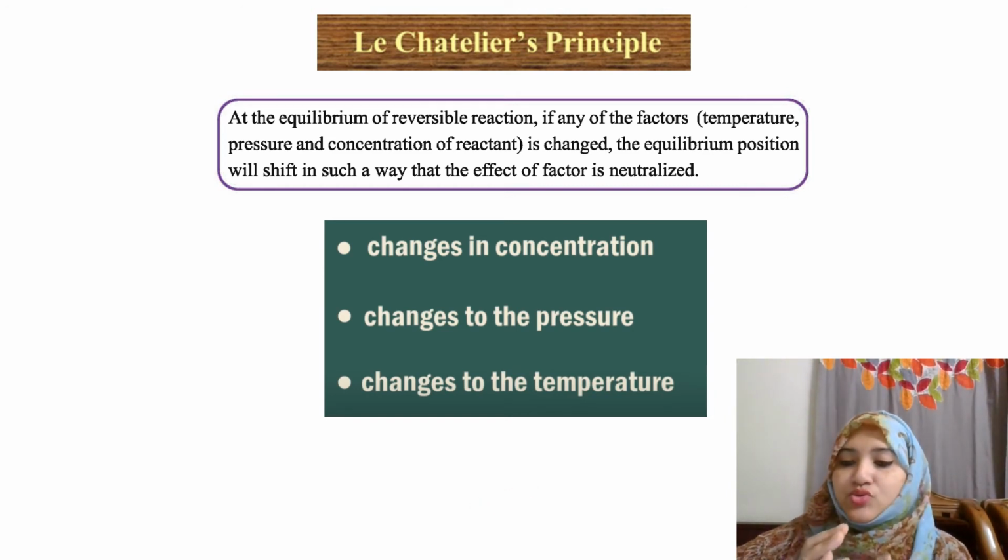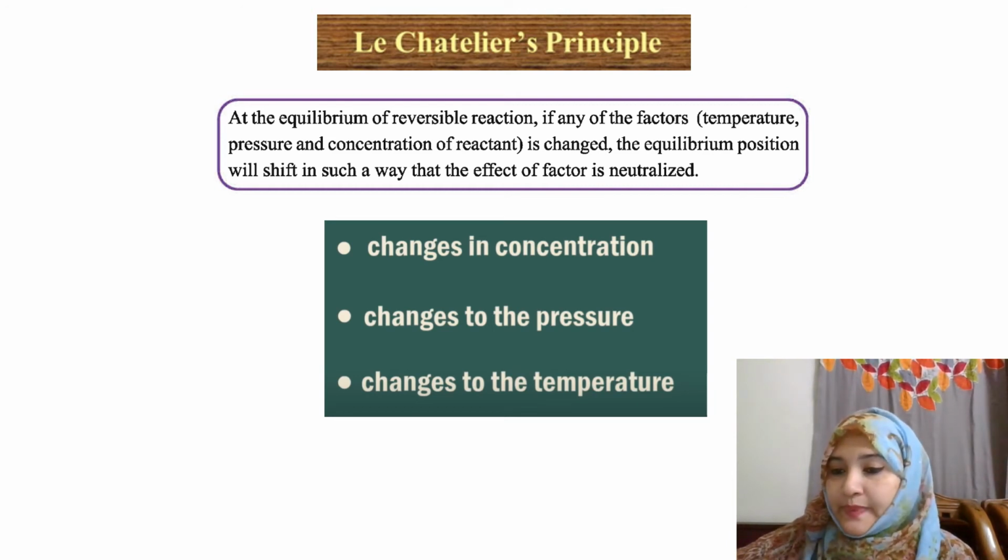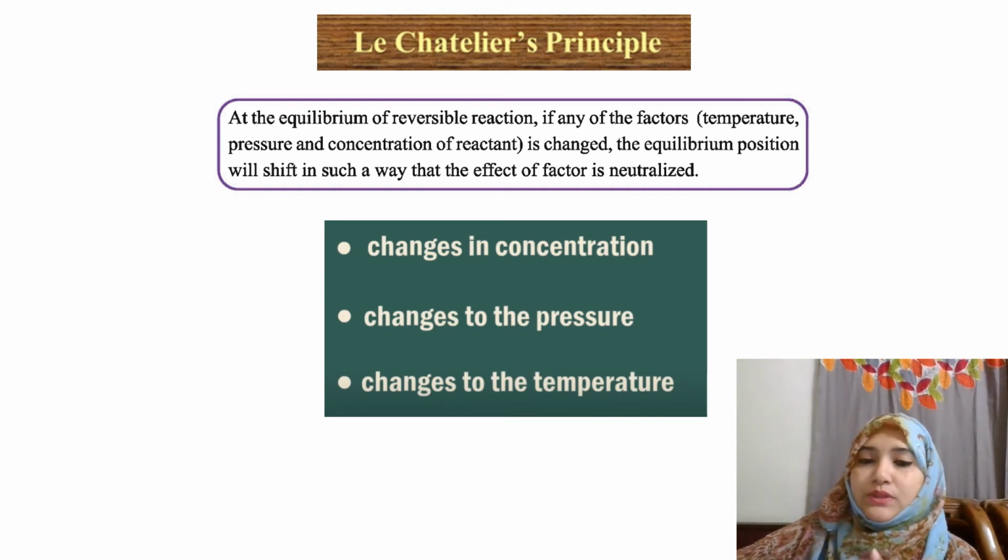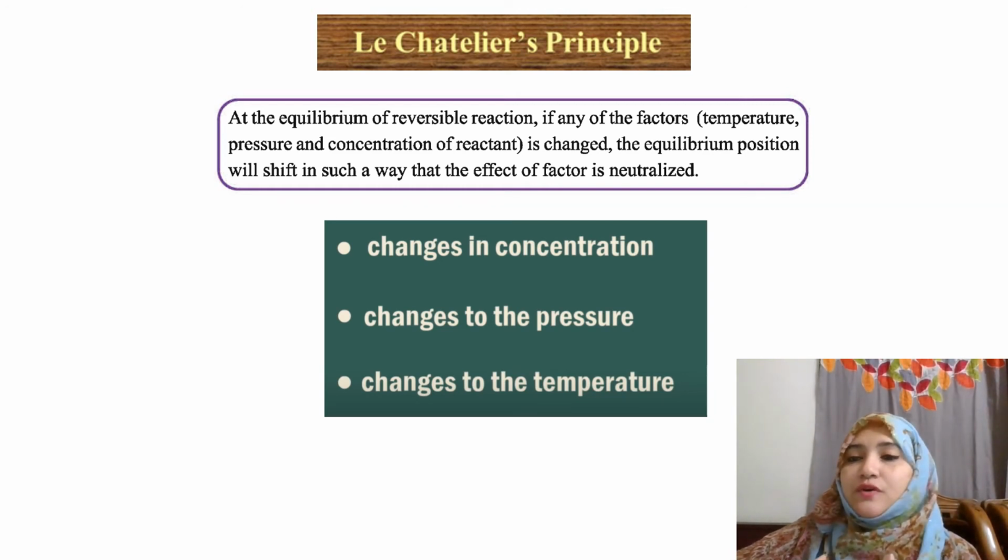These are the three main factors by which chemical equilibria can be disturbed: changes in the concentration of one or more substances, that means reactants, and changes in temperature or pressure. We describe these changes based on which way they force the position of equilibrium.